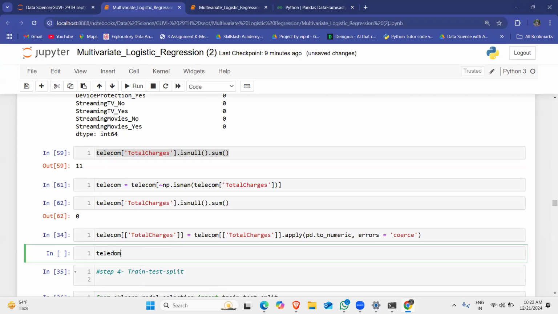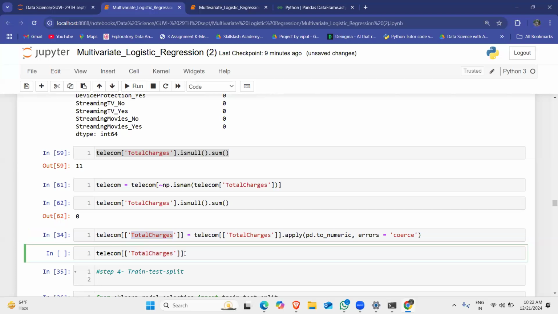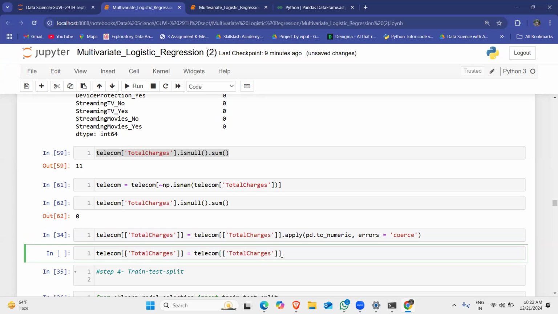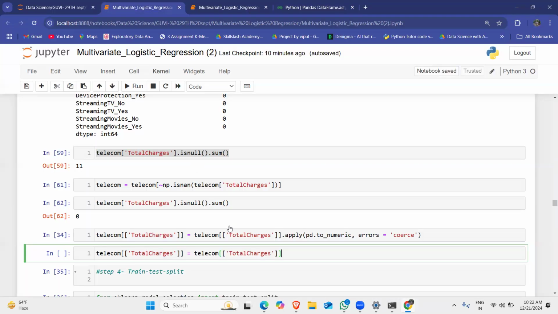So telecom of, let's say, total charges, this one. Control C, Control V, is equal to telecom of total charges, and I'm interested to change the data type by using this dot astype int64.